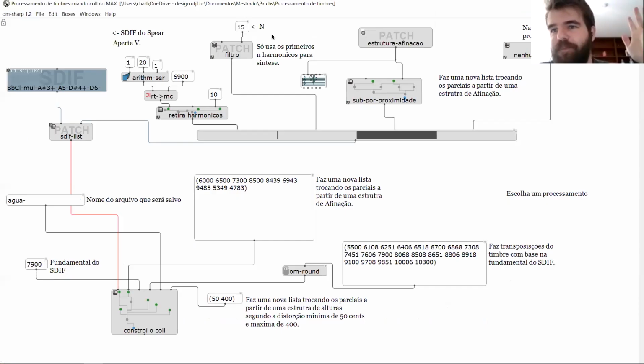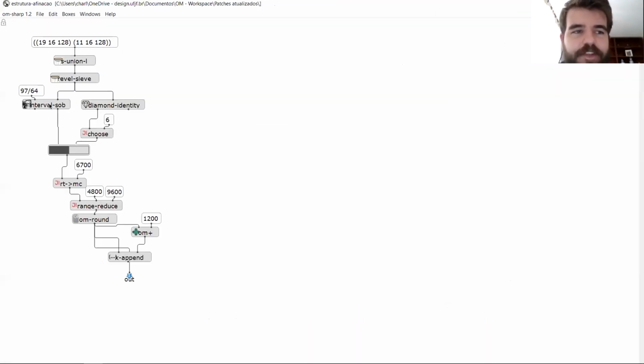This is a very big patch, okay? But here I have the structure. I have a sieve. I have the interval superposition. I changed here. I was using this, but I don't need it. But I don't know if it will work.